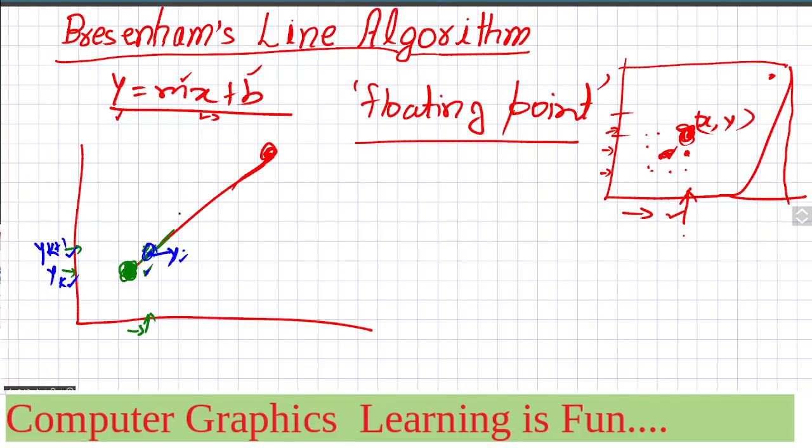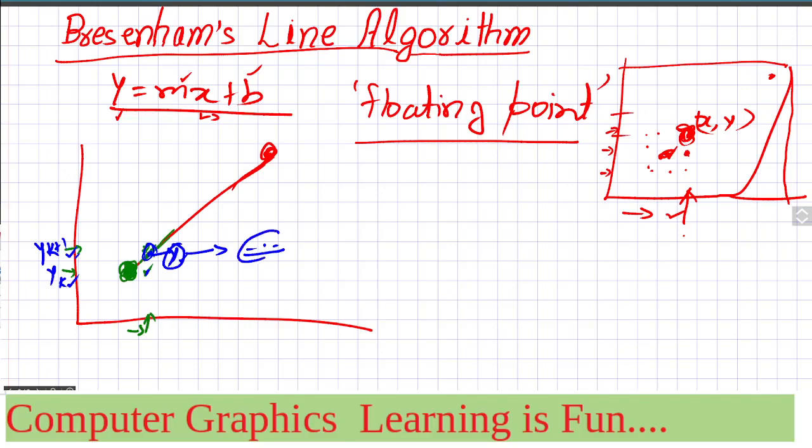Is that the way you did it in the DDA algorithm? You found the value of y, some floating point value, and then you saw which one it is near to, yk plus 1 or yk, and then you selected one of them. How did you do that?